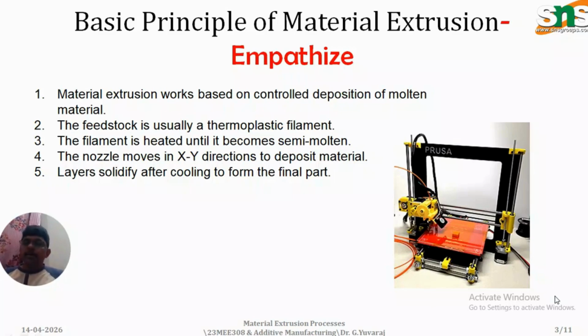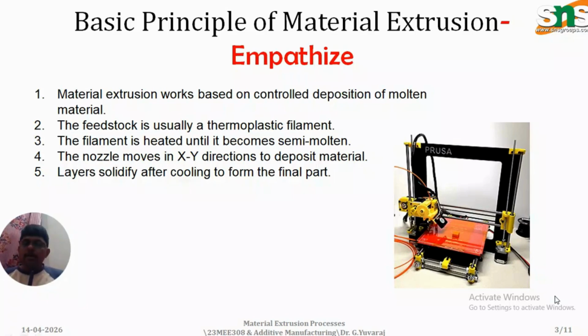Okay. So today, with respect to the previous session, I am going to speak about material extrusion. Material extrusion is done by the controlled deposition of molten material, and the feedstock is usually a thermoplastic filament, which is heated until it reaches the semi-molten stage.